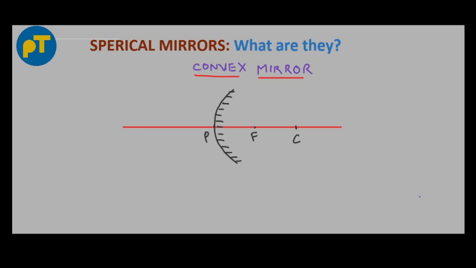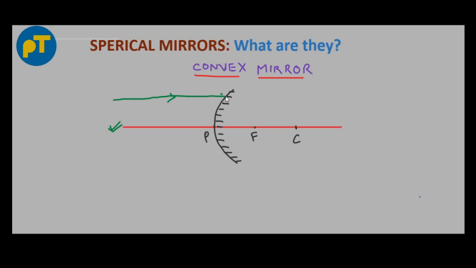Now suppose a ray of light comes parallel to the principal axis towards the convex mirror and is incident at this point.